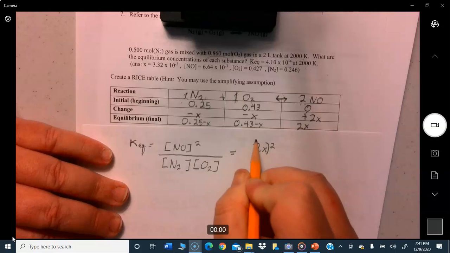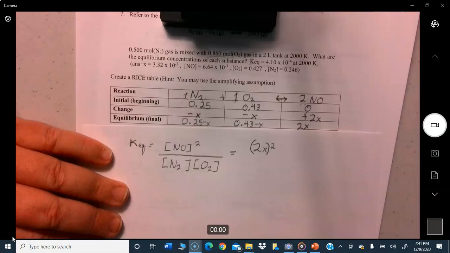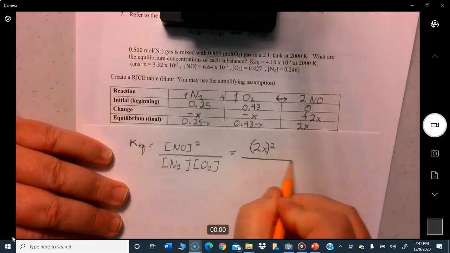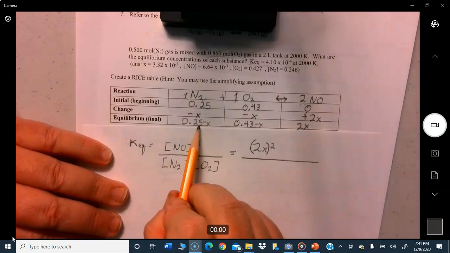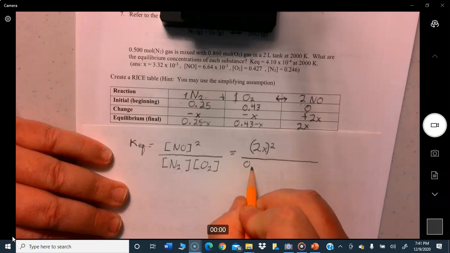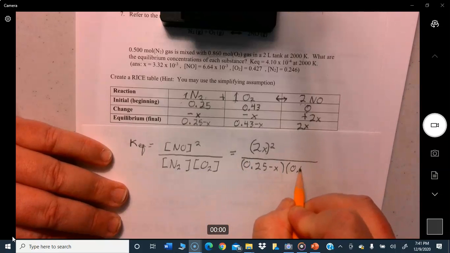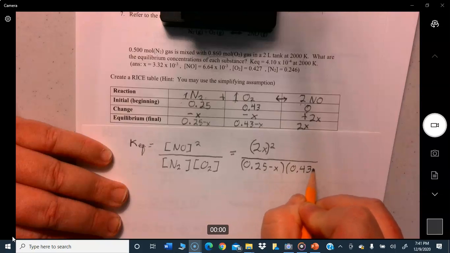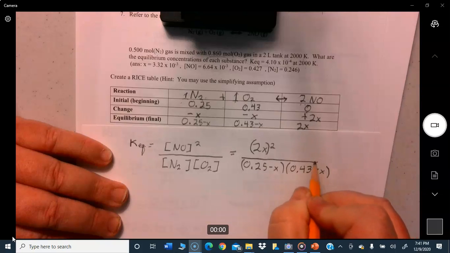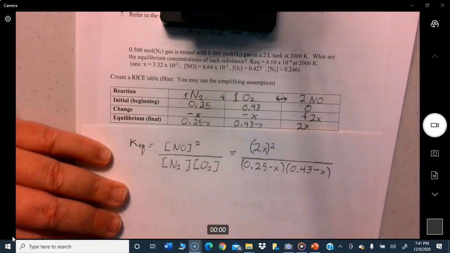That should actually be 2x in parentheses and then squared. Down on the bottom for N2 we have this. Okay, so that's the reaction.